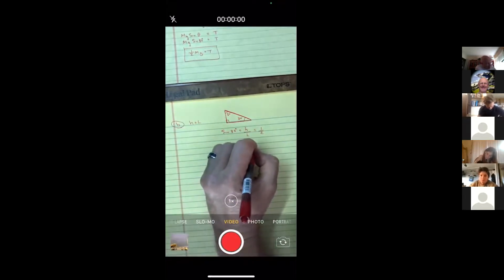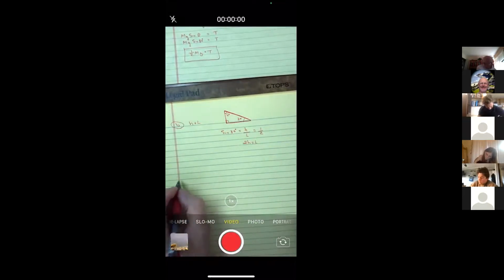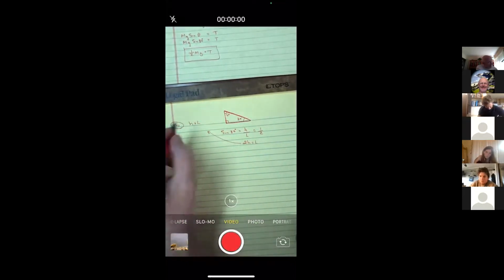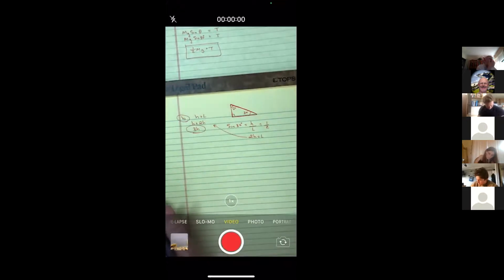So 2H is equal to L. So bringing that over to here, I actually have a total length of 3H. And again, I don't think they've given us any numbers for H. And so let me write the final answer in the symbols they've given me, which is the H. So the total length of the string is 3H.